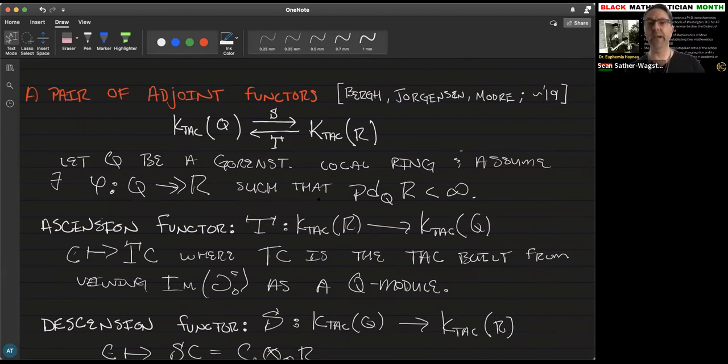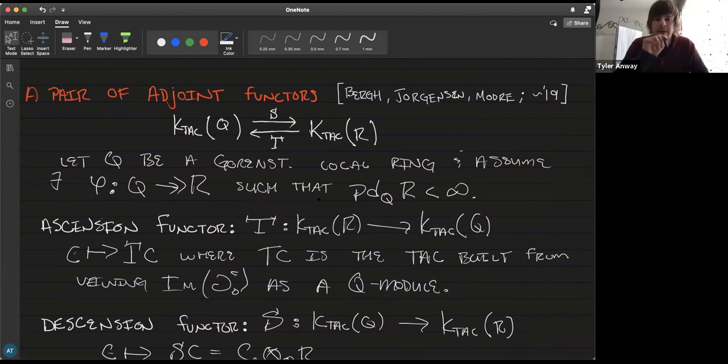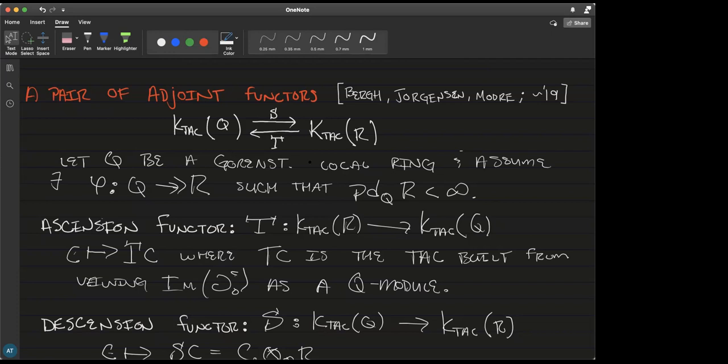I think it's the other way. I think you need it for S to be well defined. Yes, yes, you're right. I think because if it's not, then when you just tensor down, you won't necessarily get a totally acyclic complex. Is that right? Okay, cool. Thanks. Yeah, no problem.